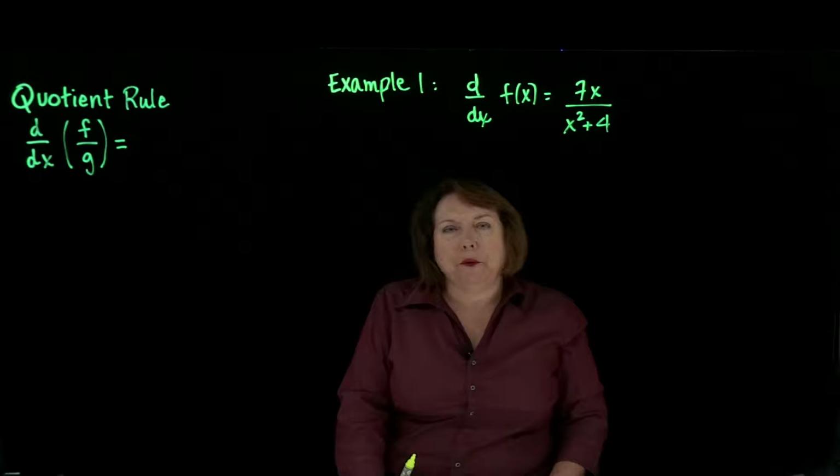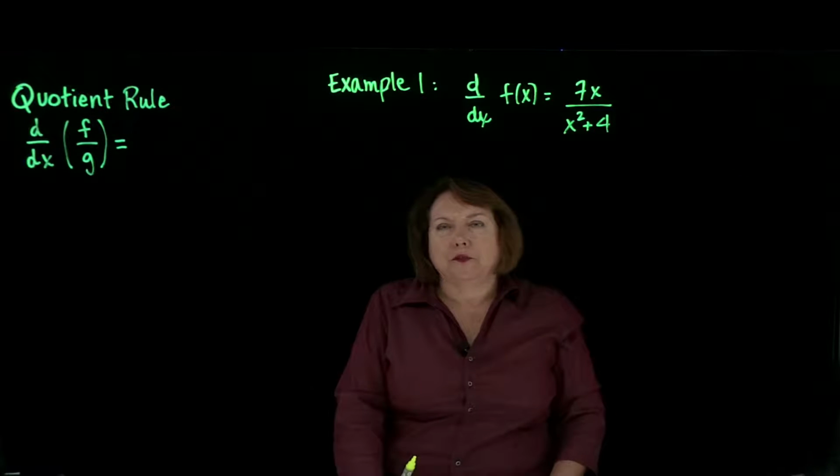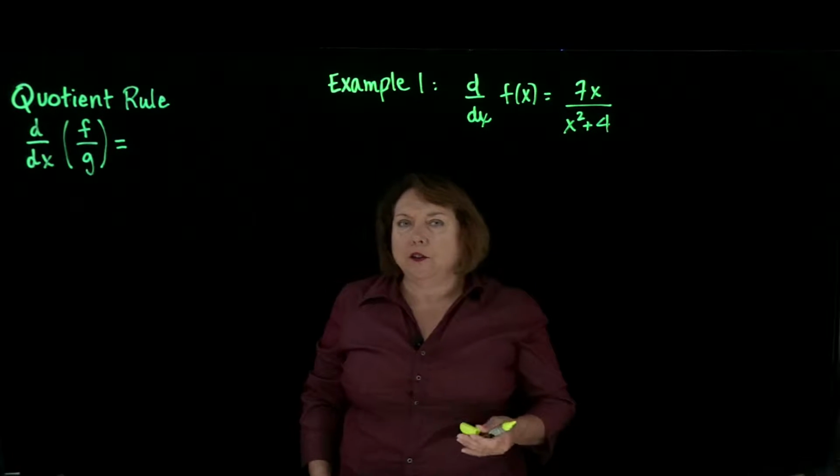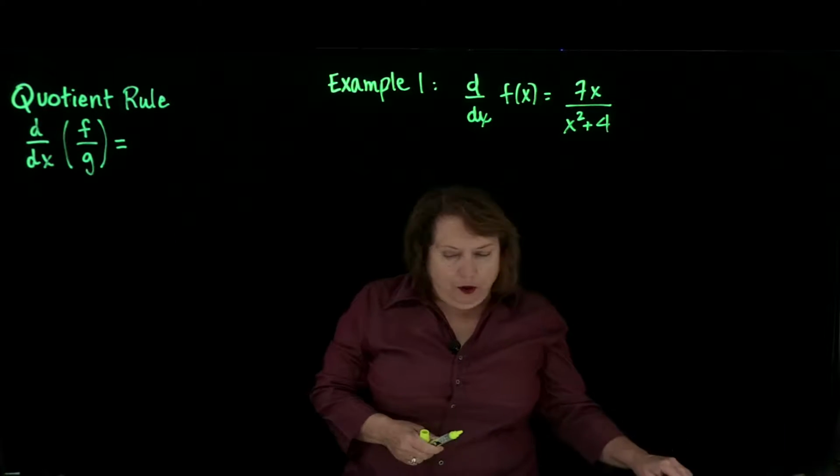Hi students, today we're going to be talking about taking the derivative of a quotient of functions. So we're going to use the quotient rule, and here's how it looks.